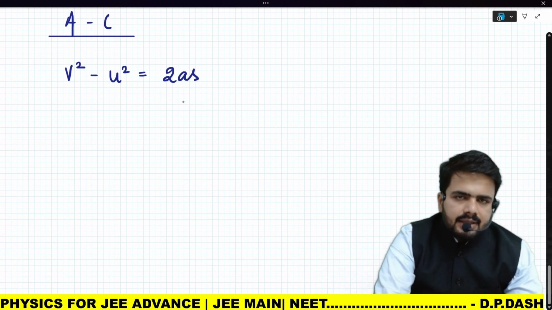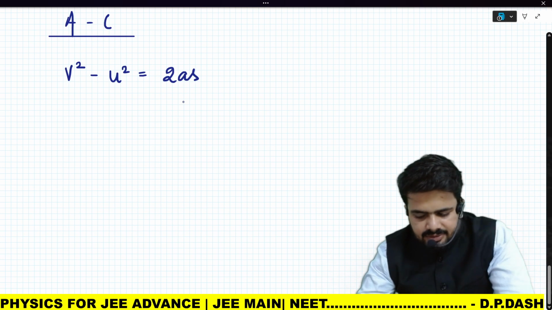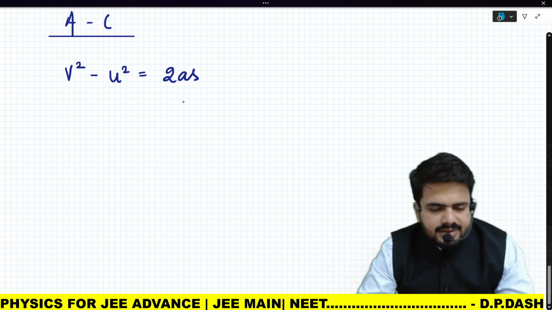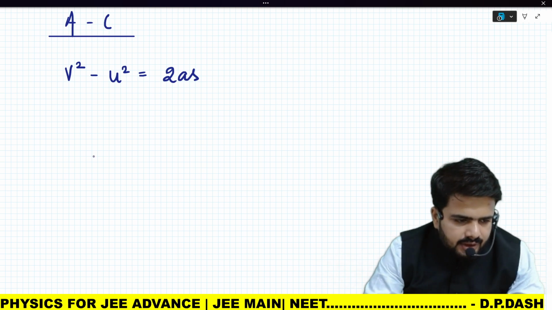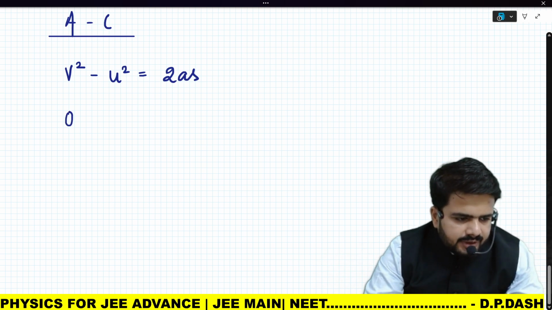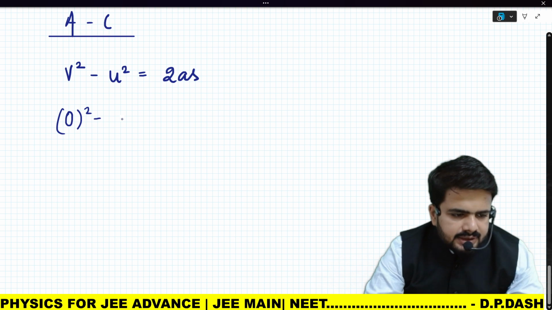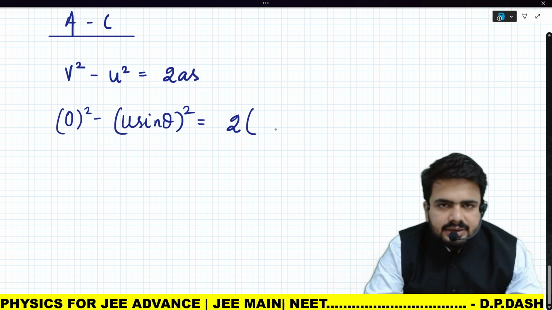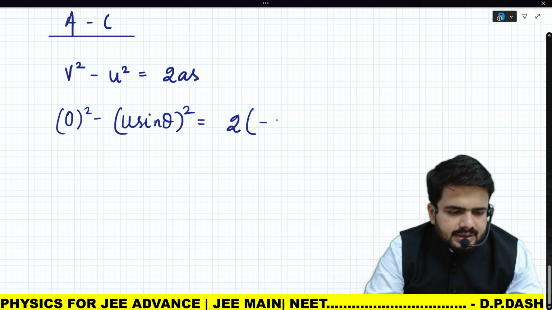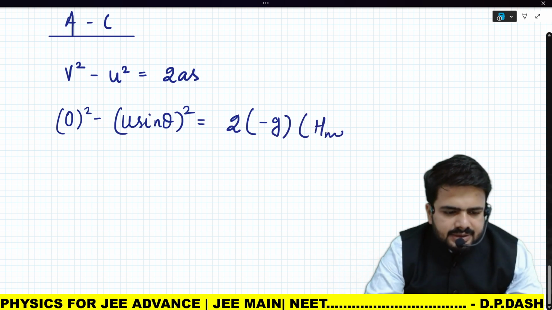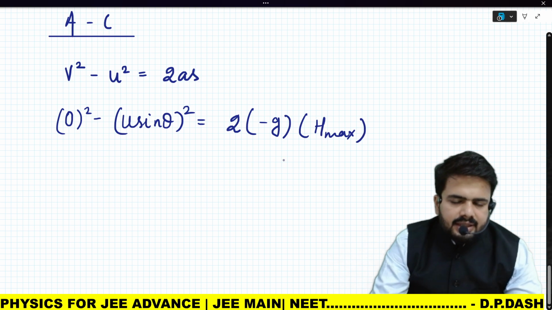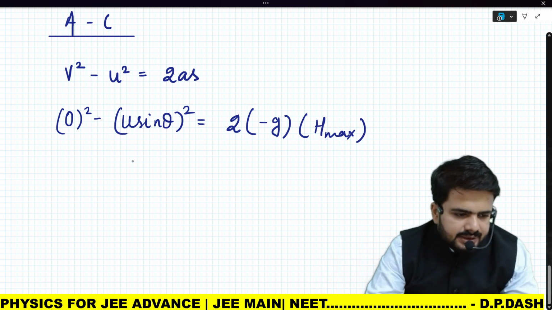Now I'll take displacement along the vertical direction from A to C. Along the vertical direction, the final velocity is 0, minus initial velocity u sin theta whole square, equals 2 into acceleration, which is minus g, and displacement, which is H max, because along the vertical direction the displacement is H max.